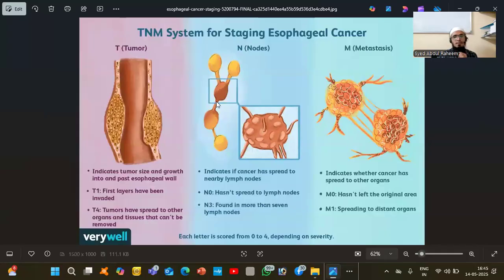This is the metastasis condition. It will enter other organs, going from esophagus to stomach, stomach to liver, liver to pancreas, pancreas to kidneys, like that. So this is esophageal cancer.